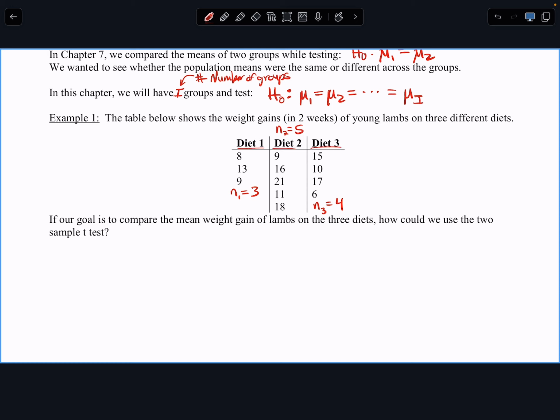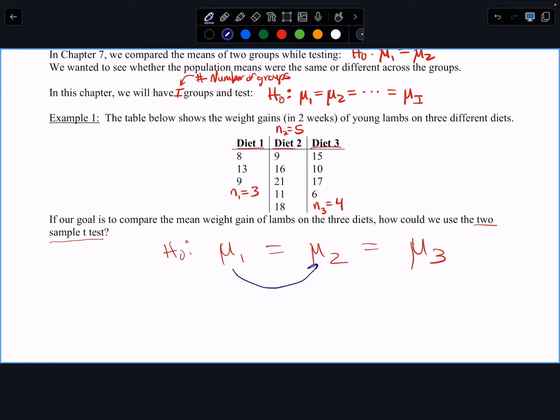If I wanted to use 2 sample t-tests and I wanted to compare the group means, then what I would have to do is do multiple t-tests, right? I would have to do a t-test to compare the mean of population 1 and population 2. So that's 1 t-test. This will be the null hypothesis for that.